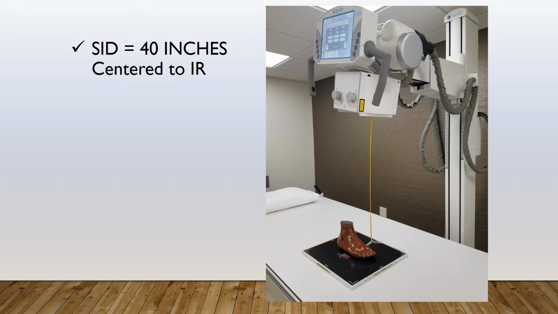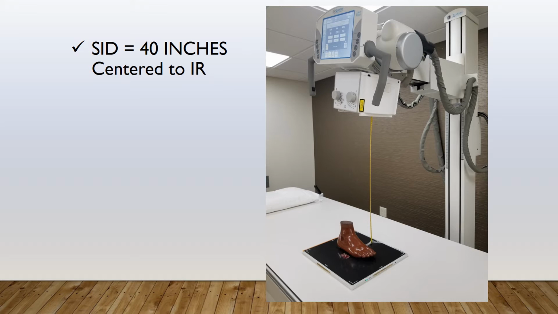After I've done that, I'm going to determine the size of the patient. If I have a foot x-ray, I'm going to start my collimation at a 10 by 12. And once the patient comes in, if I see that they have very large feet, I'm going to ask them, what size shoes do you wear? That way I will know if I need to increase or decrease my collimation. The other thing I'm going to do is center the central ray to the middle of the cassette and keep it there.